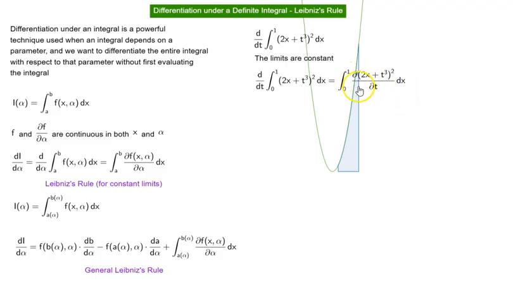Now let's take care of this partial derivative first. The partial derivative of the function with respect to t is equal to 2 times (2x plus t cube) times dou t cube by dou t, which is equal to 2 times (2x plus t cube) times 3t square, which is equal to 6t square times (2x plus t cube).